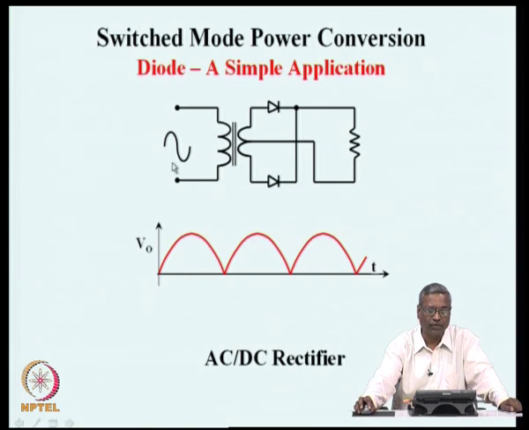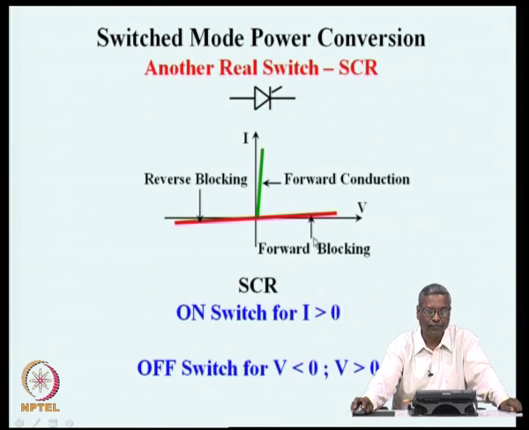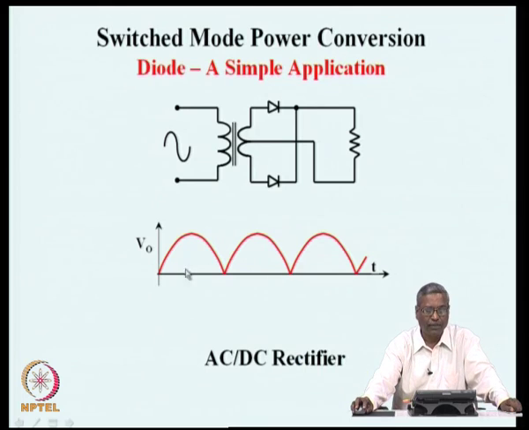So, the AC quantity which is varying both positive and negative, by this rectification action is available to the load as a purely unipolar voltage, and this will have a certain average voltage, and that average voltage is what is now across the resistor.